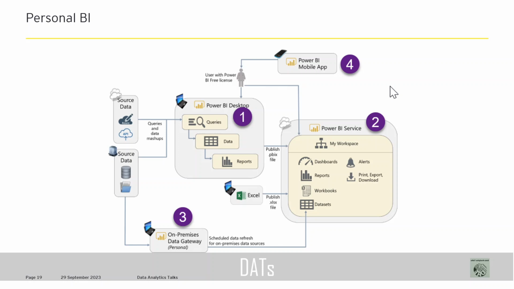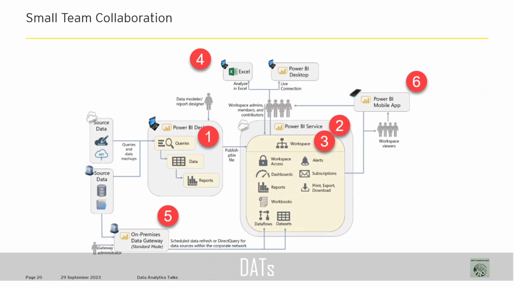The next is small team collaboration. So here you can see collaboration. When a Power BI user has created a solution of value, it is time to collaborate with colleagues. It is no more a personal BI.